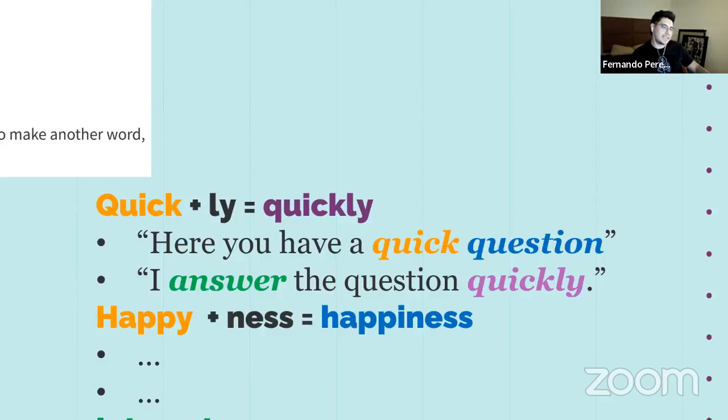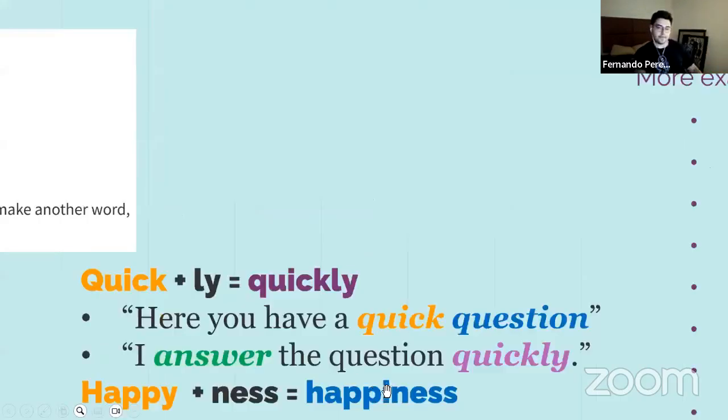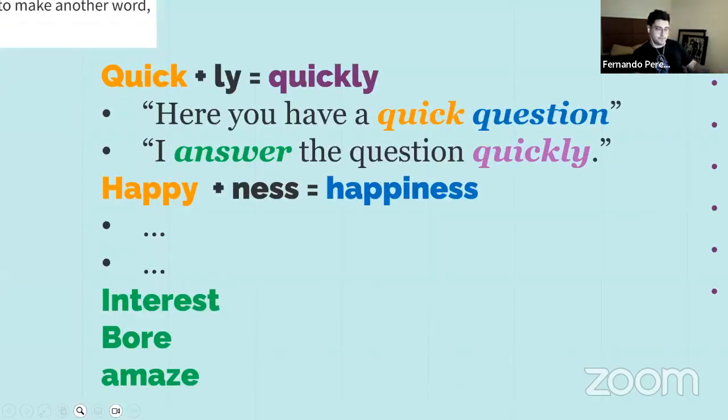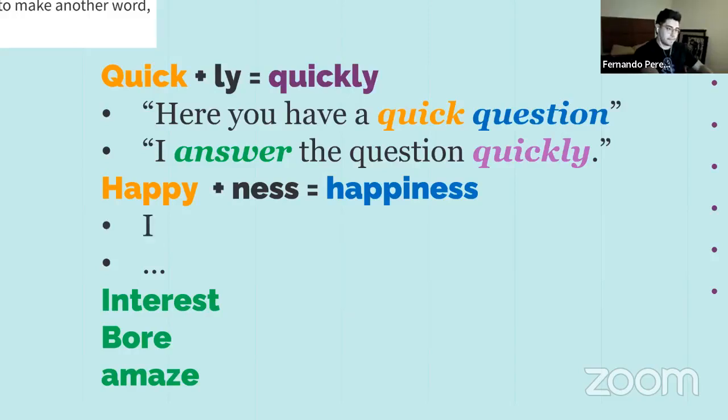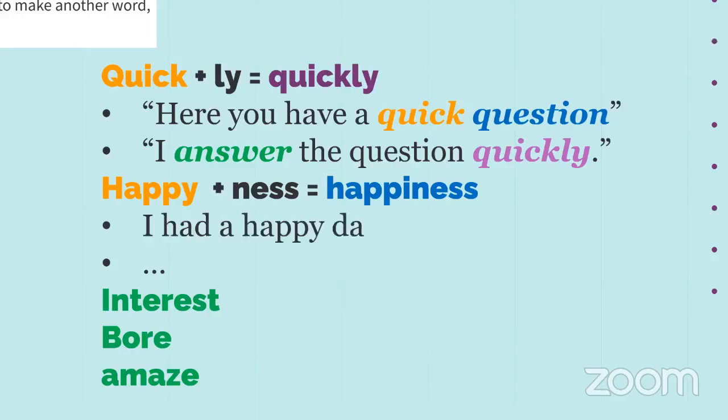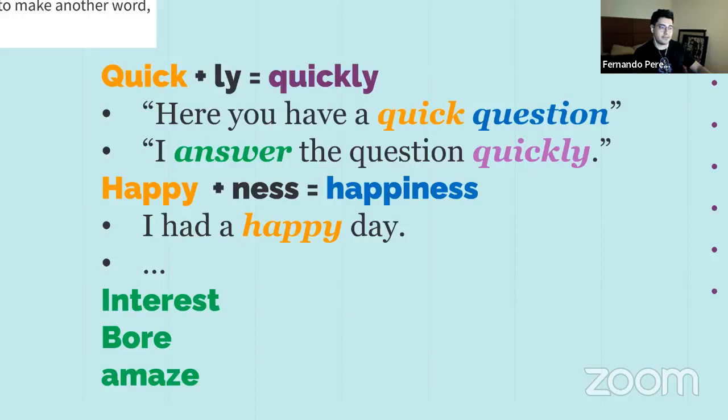Now, Carla, give me an example with happy. You're going to use the adjective. I had a happy day. A happy day. Perfect. Happy is describing the noun day. Therefore, it's correct.